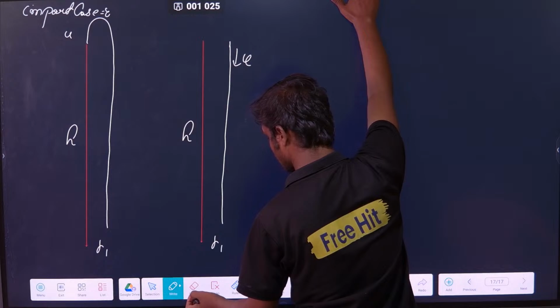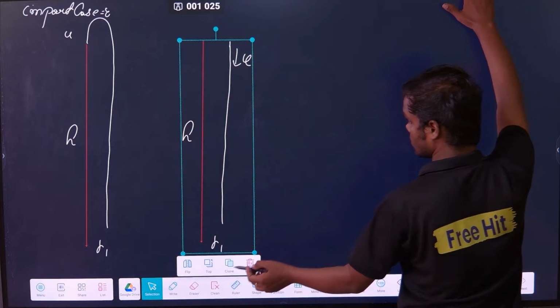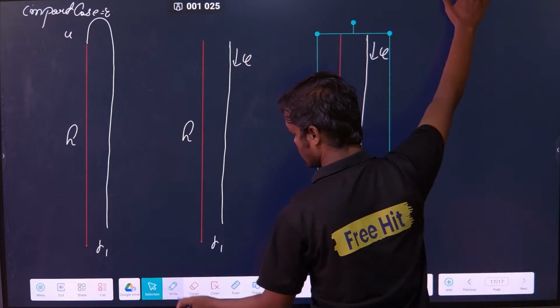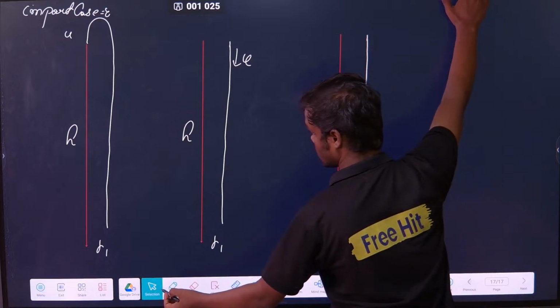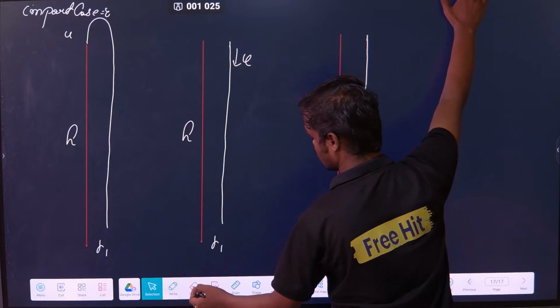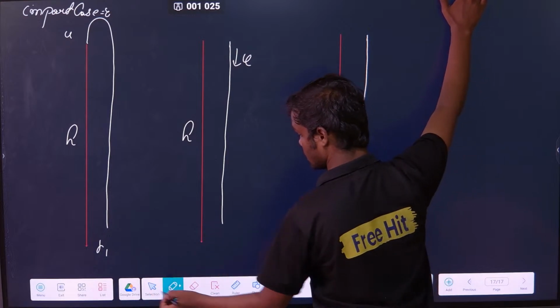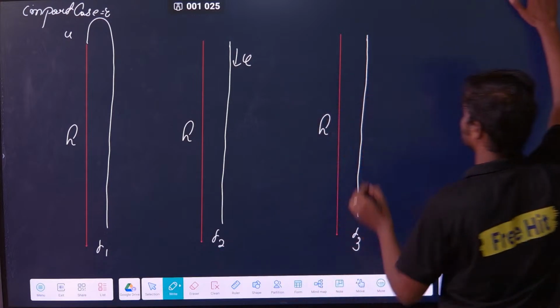Third case, what I am saying, this is t2, and this is t3.